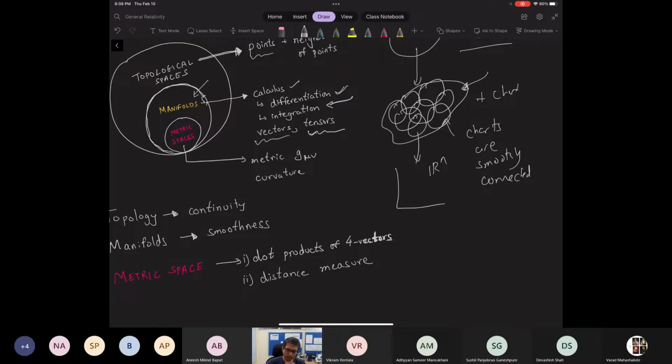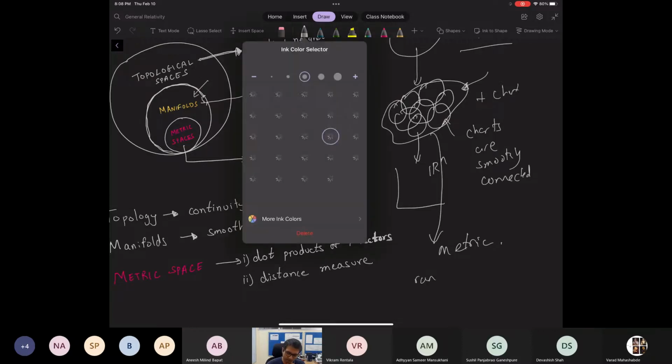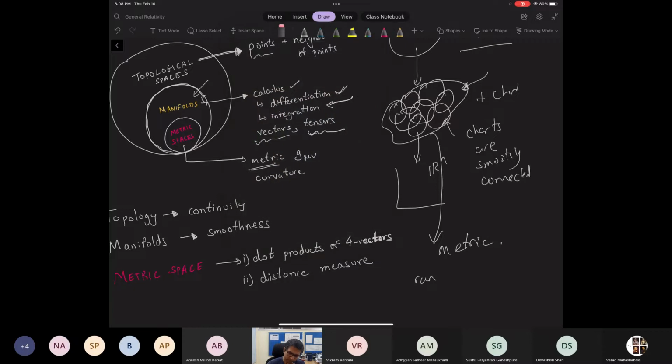What we'll see is that we will define a notion of a metric on a manifold. This is an additional structure that we impose. The metric will be a particular tensor of type (0,2) on the manifold M. This is a tensor field, so it's not defined at one point, it's defined at all points in the manifold, and it's of type (0,2).